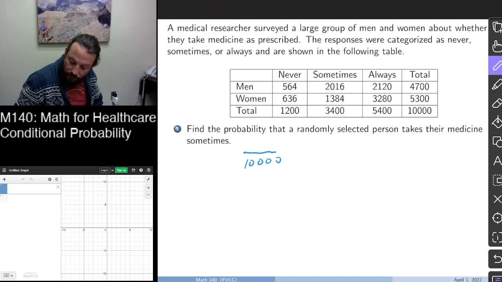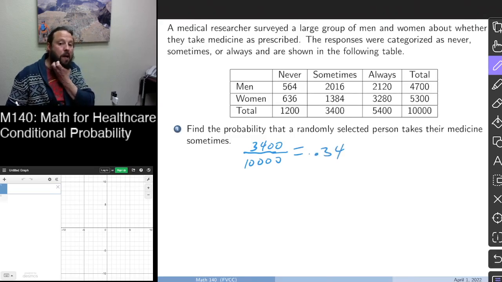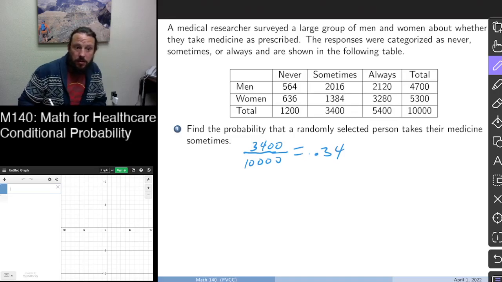And how many of them sometimes? This is just a person, not men or women, so there's 3,400. So that's equal to 0.34 or 34%.